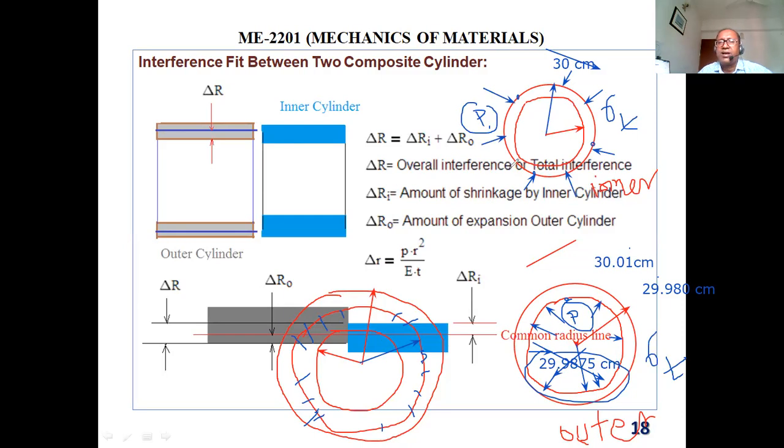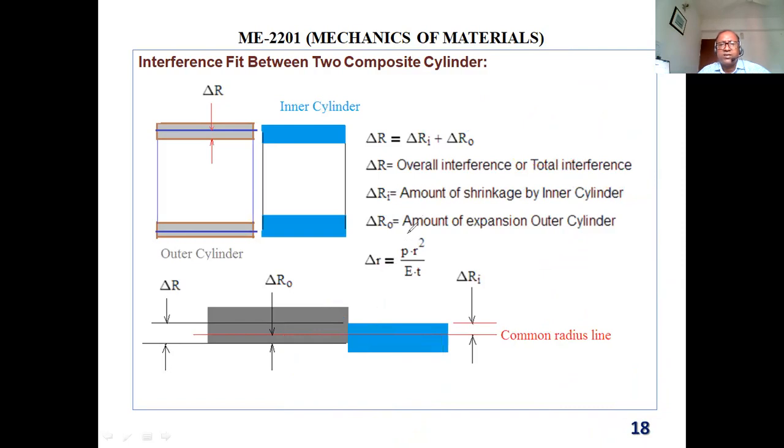Now, if you get the value of P, you can easily figure out the sigma T. But how will we figure out the contact pressure? So we need a formula, right? We know one formula, that due to the pressure, the radius increases or decreases, and we can figure that out by this value.